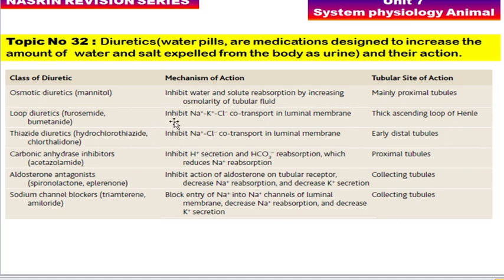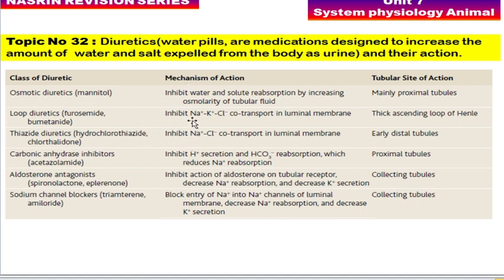They inhibit the sodium potassium chloride co-transport in the luminal membrane, and the site of action is the thick ascending loop of Henle. So you should know whether the mechanism is occurring in the thick ascending loop or thin ascending loop. Next are the thiazide diuretics, which include hydrochlorothiazide and chlorthalidone.